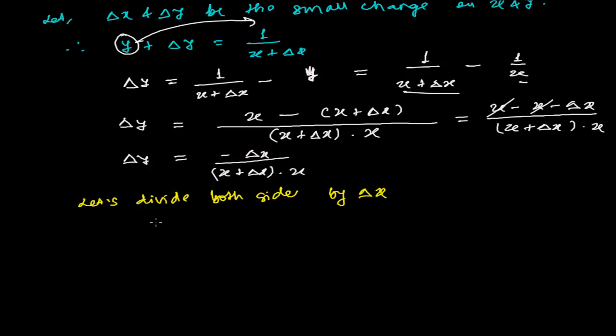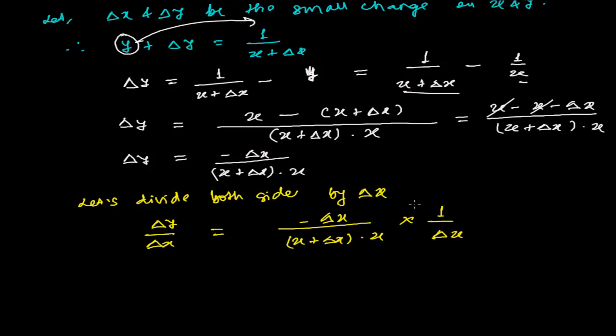I mean delta y divided by delta x equals minus delta x whole divided by x plus delta x times x, and I need to divide this side also by delta x, so 1 divided by delta x. Or you can say let's multiply both sides by 1 over delta x, right?